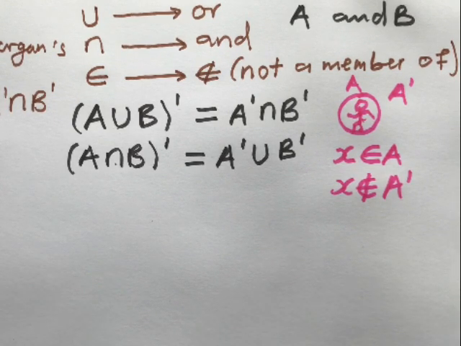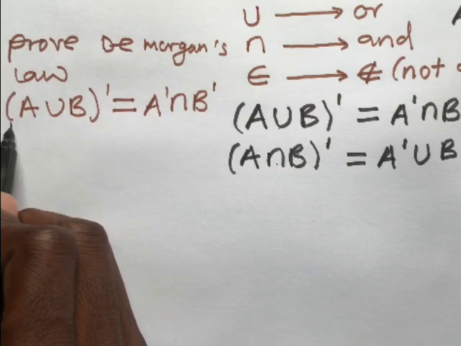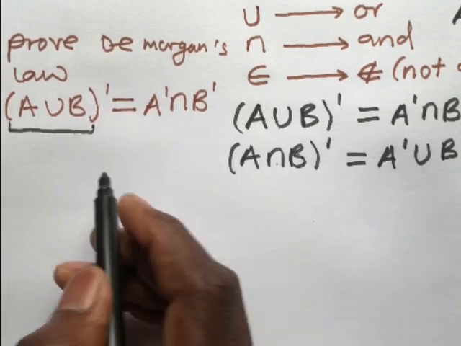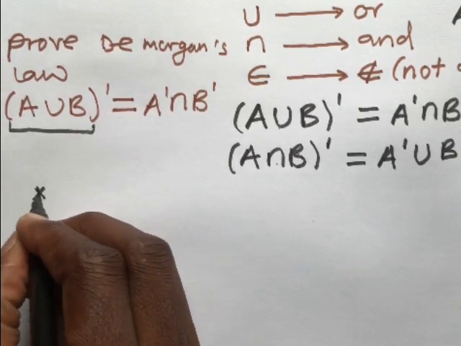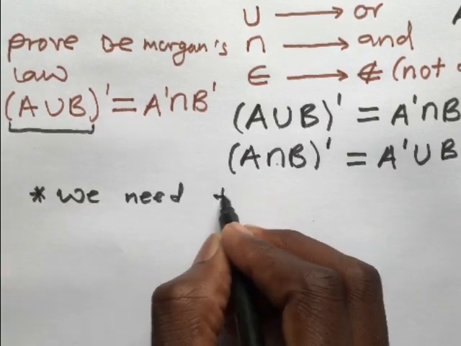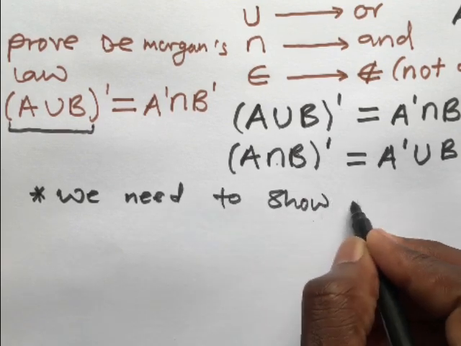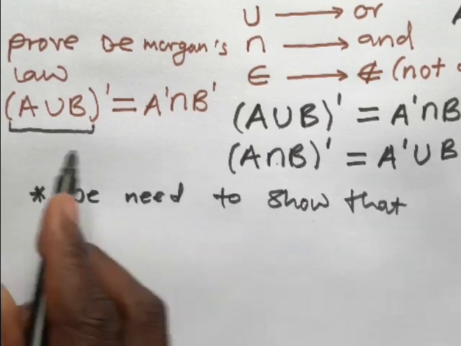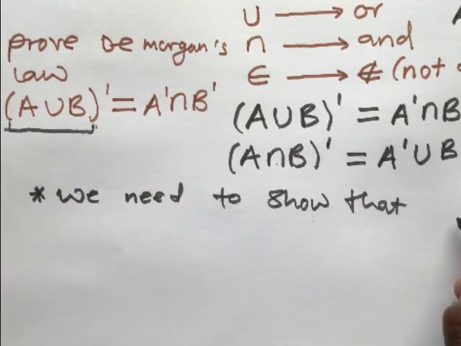What you should understand here is that De Morgan's law involves solving on both sides. We move from the left hand side to the right hand side. Before you even solve the entire question, you need to write a statement on top to say we need to show that this set is a subset of that other set.